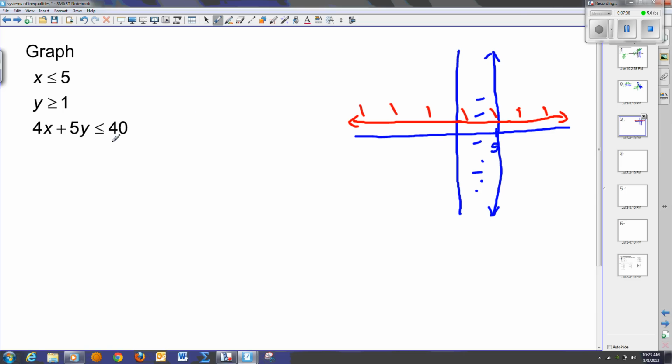Now for this last equation, previously we took and put this in slope-intercept form, or y equals mx plus b. But what I'm going to use now is some intercepts. And if we talk about intercepts, we're talking about the x-intercept and the y-intercept.